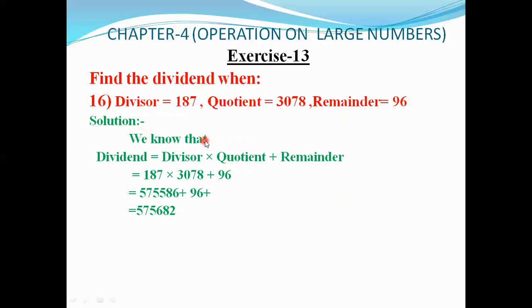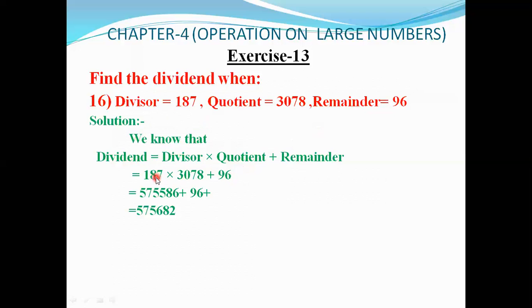The solution: we know that this type of question we have already discussed in the previous video, part 4 of operation on large numbers. Now here we use the formula used for verification of the dividend to find the dividend. We know that dividend is equal to divisor into quotient plus remainder. Now putting in the values, the divisor is 187, the quotient is 3078, and the remainder is 96.